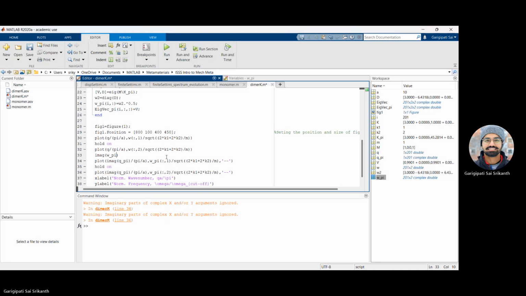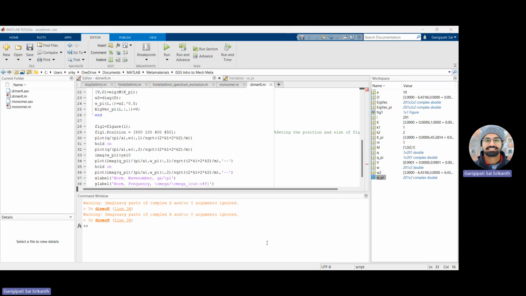Omega pi is, if this is greater than 0, but let's say let's take some value like E10, no, E minus 10. 10 would be high, minus 10.